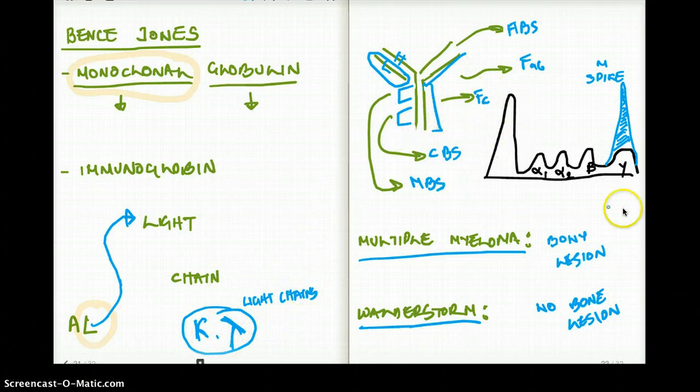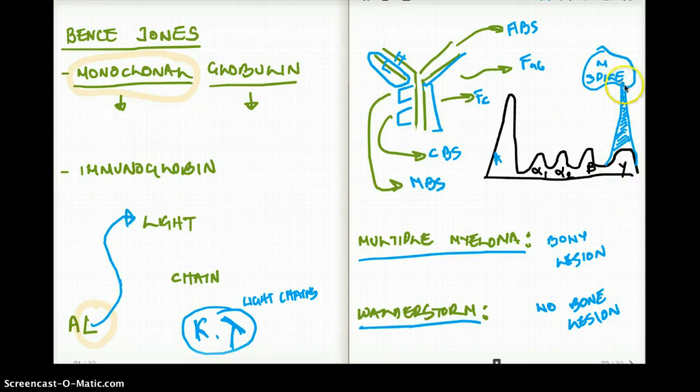But when we look at an electrophoresis, we see that this is the albumin spike. This is alpha 1, alpha 2, beta 1, and gamma. So usually gamma is supposed to be a small spike, but in multiple myeloma or in Waldenström, we're going to see a big spike, a big M spike, a big monoclonal spike.